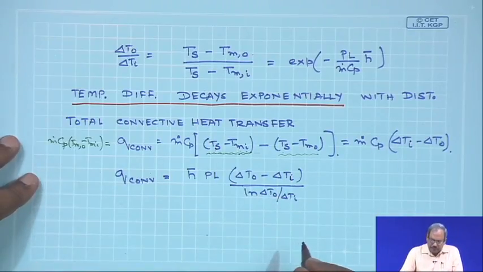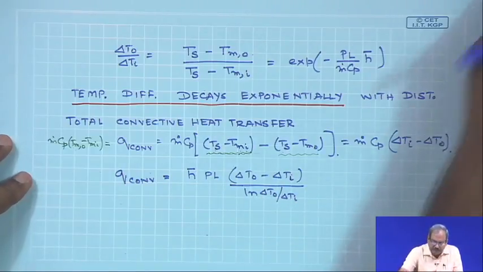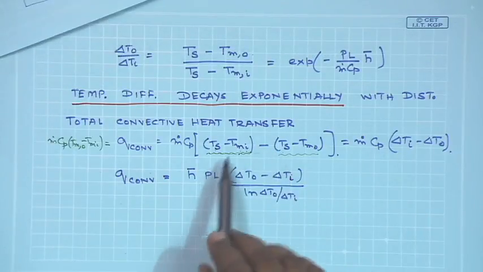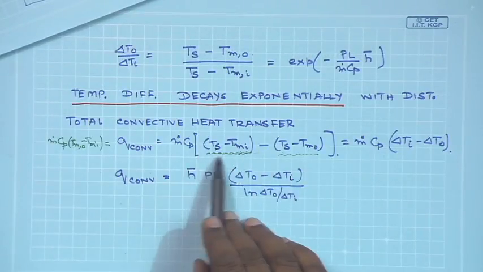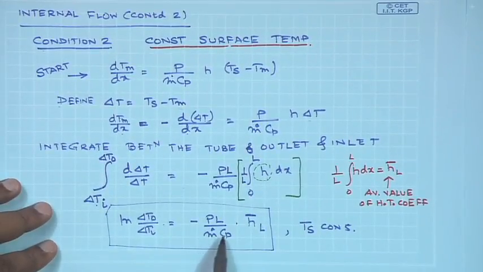Now, where did I get this from? I am expressing this m dot Cp from the previous relation.